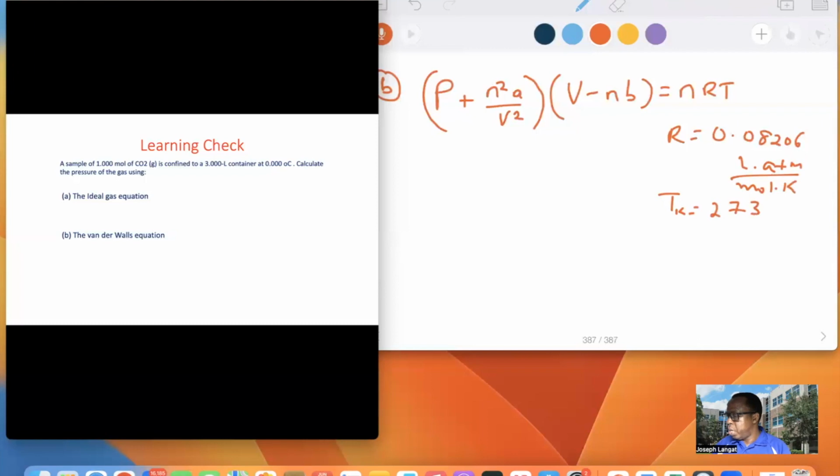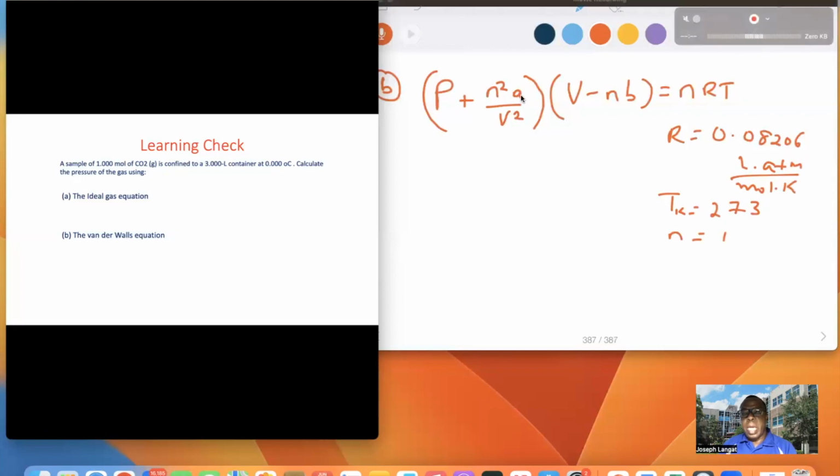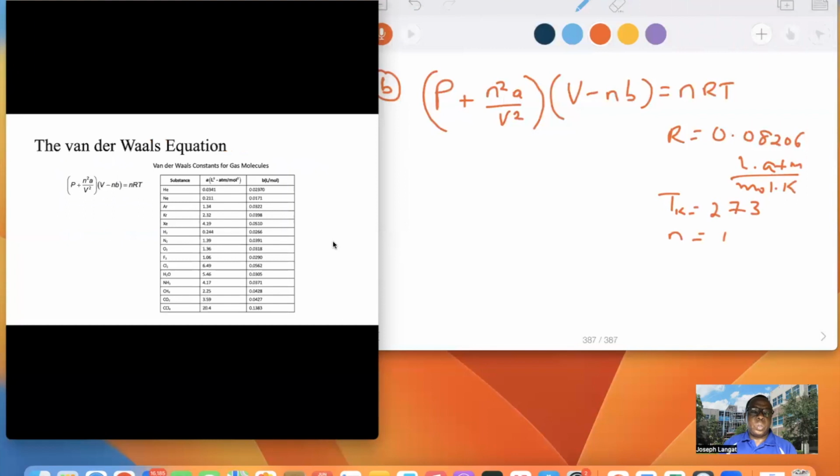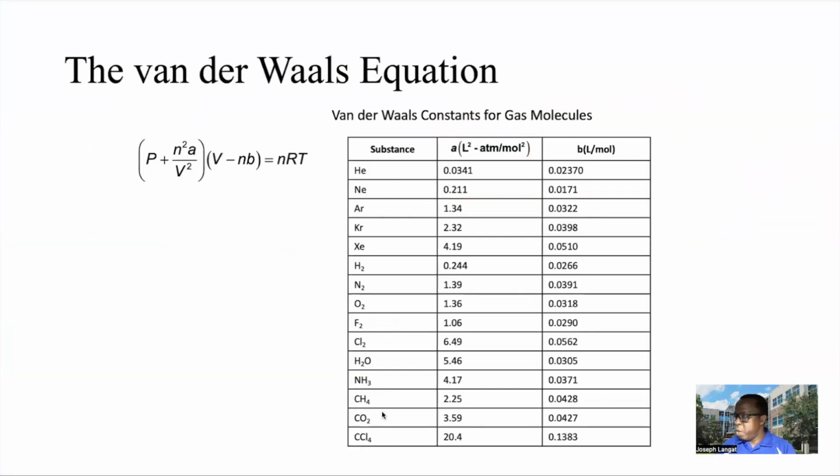You know that. n is 1, which is 1 mole here. We are given 1 mole of CO2. If you look at a and b here, you either have to come to this slide, or you'll be given them in the problem. The gas in question is carbon dioxide.